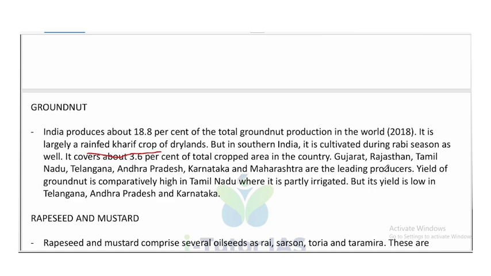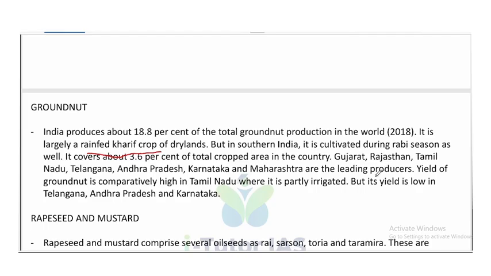It covers about 3.6% of total cropped area in the country. Gujarat, Rajasthan, Tamil Nadu, Telangana, Andhra Pradesh, Karnataka and Maharashtra are the leading producers. Yield of groundnut is comparatively high in Tamil Nadu, where it is primarily irrigated, but its yield is low in Telangana, Andhra Pradesh and Karnataka.